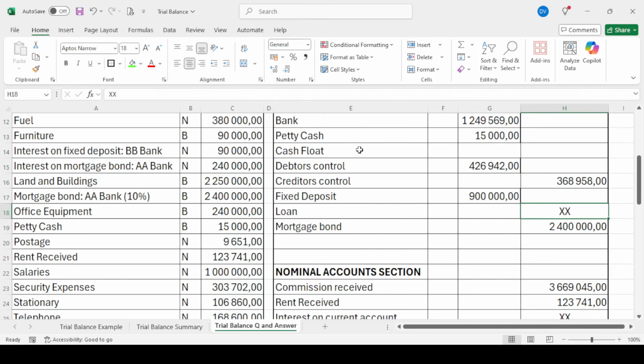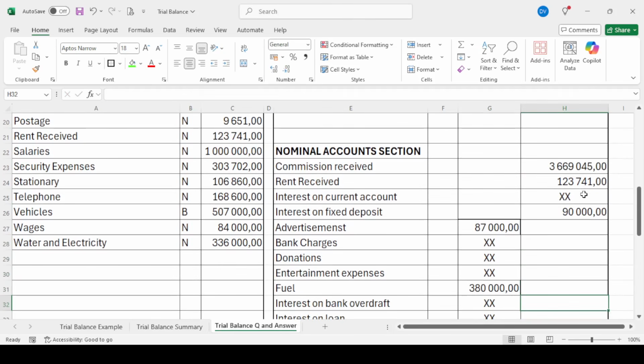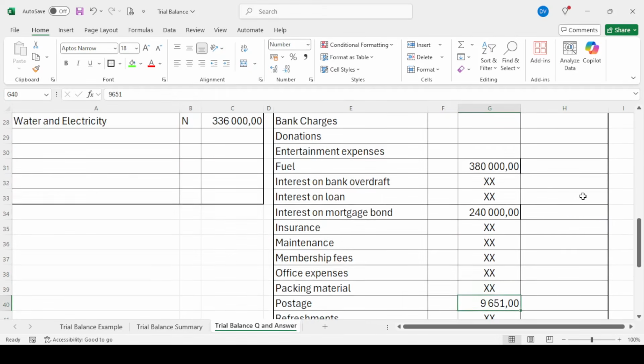There was no loan, so we can take out loan. And then for our nominal account section, we didn't have interest on a current account, so we just take it out. And under our expenses, there was a few expenses, but a lot of these that I had in here, we didn't use. And that's not a problem at all. You just leave it blank.